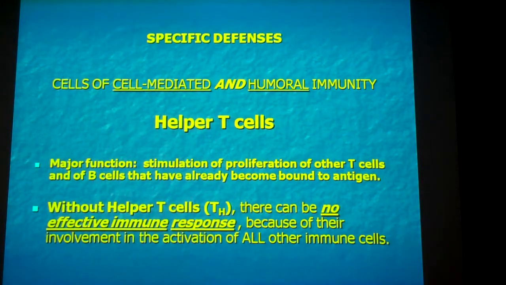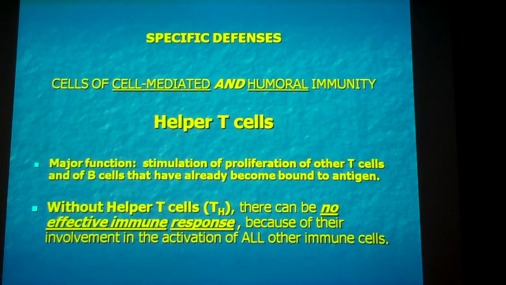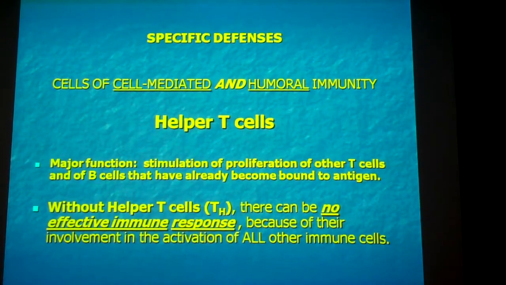Now the helper T cells. Notice that we say that these are involved in both cell-mediated and humoral immunity. Their major function is stimulation of proliferation of other T cells and B cells that have already become bound to antigen.